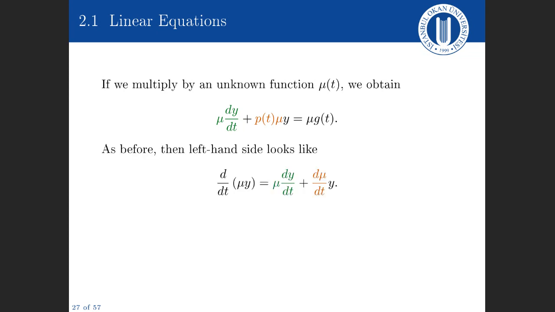It looks a bit like the derivative of mu y. The green terms are the same. We have mu dy/dt. We want the orange terms to be the same as well. We want to have that d mu/dt is the same as p mu.